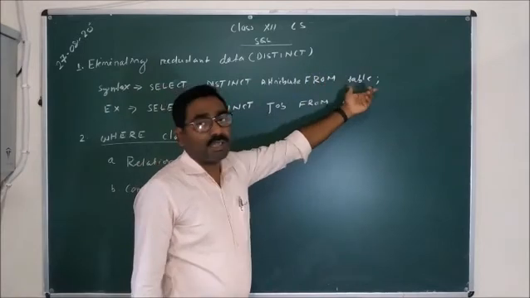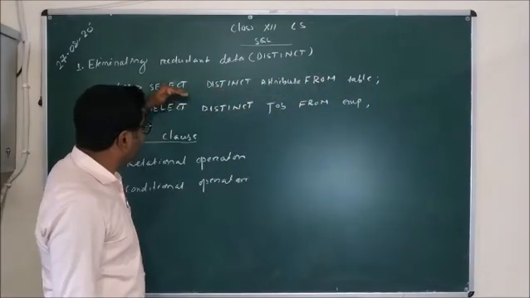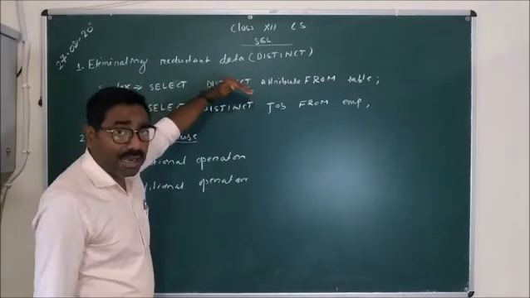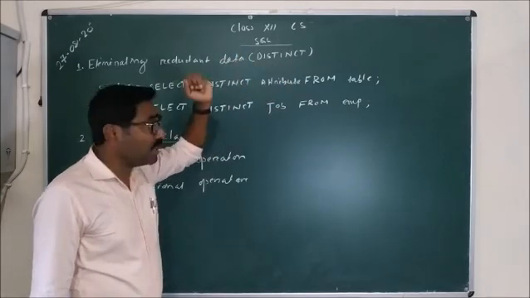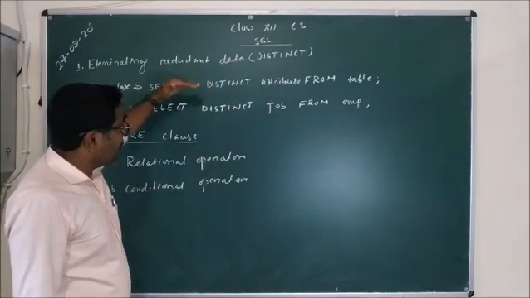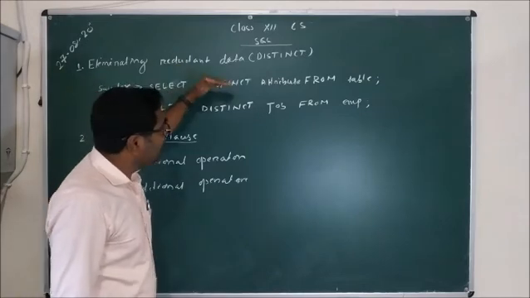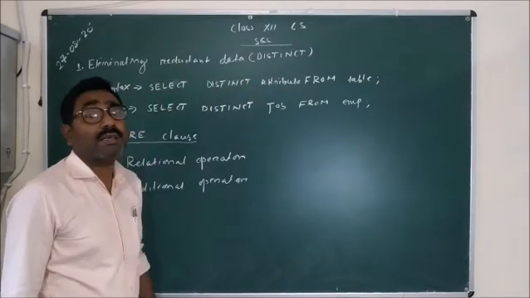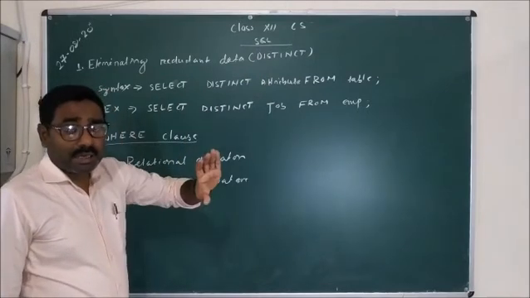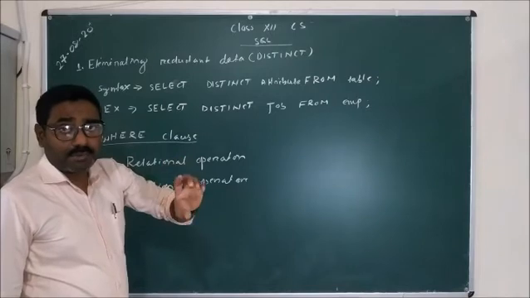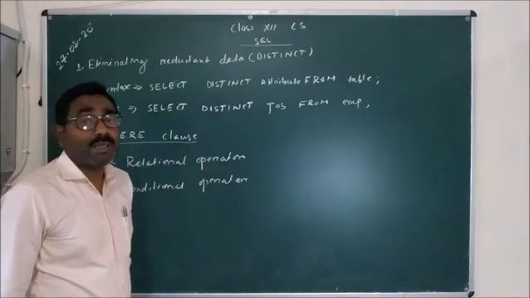Then from which table, the format is the same. After the select we use either an asterisk or an attribute list. In the case of an attribute list, you just write the keyword distinct and then the attribute, so that it will display the distinct values stored in that particular attribute.